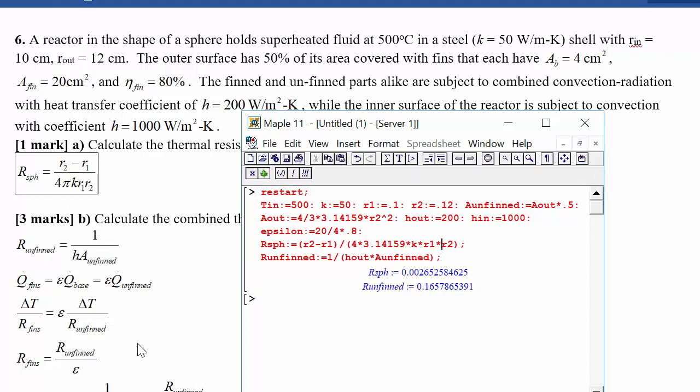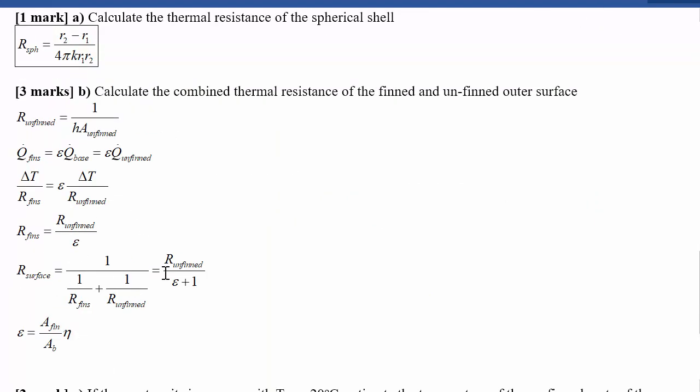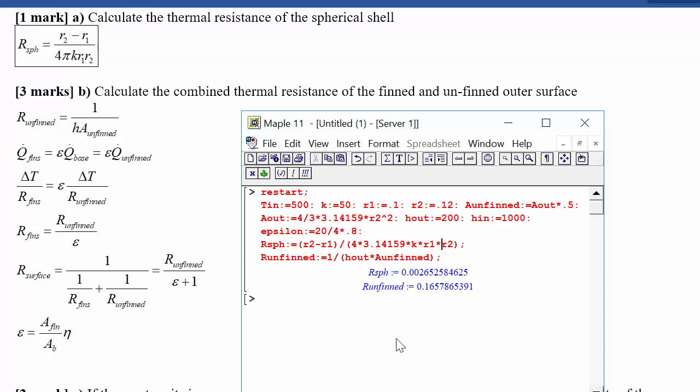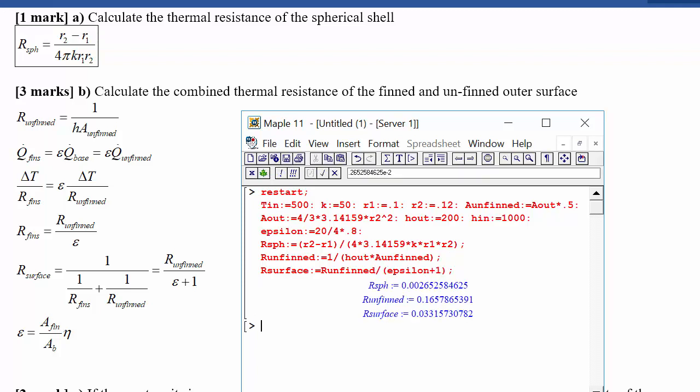And we next figured out that the surface resistance was the unfinned resistance divided by epsilon plus 1, so divided by 5 then. So the fins are helping a fair bit compared to just having that unfinned surface over the whole thing. We would have only divided it by 2 if it wasn't for the fins.